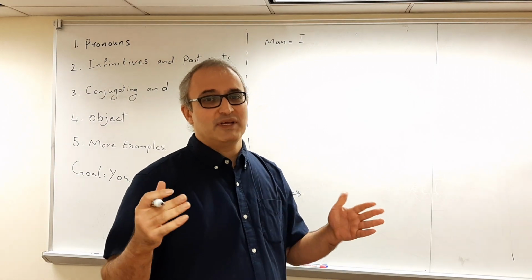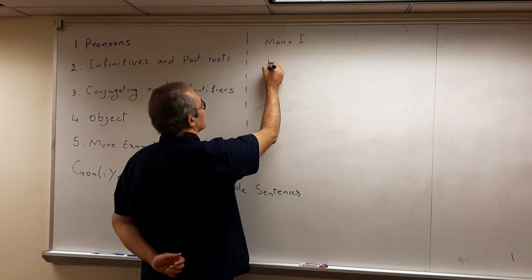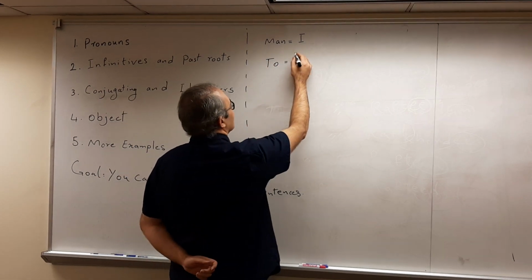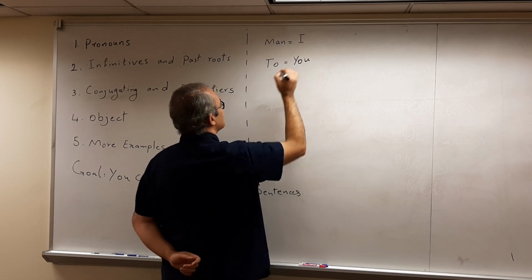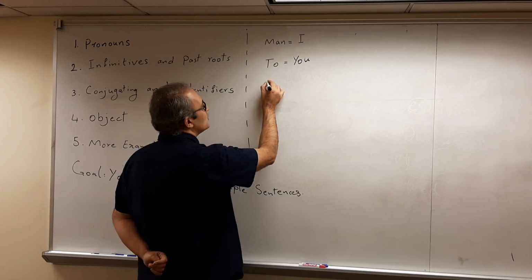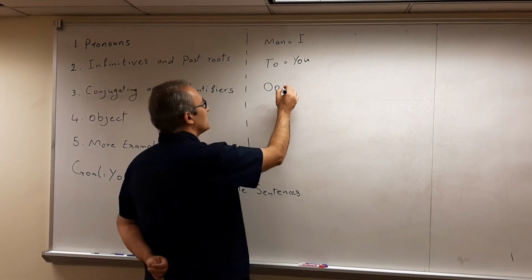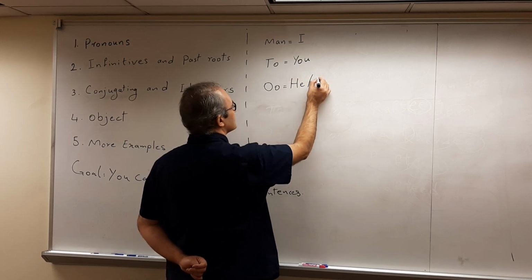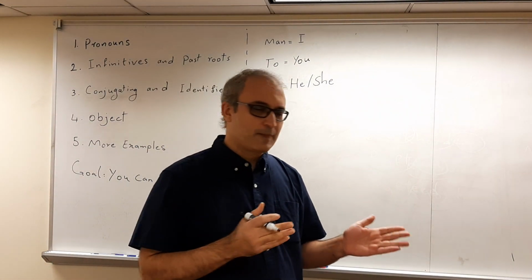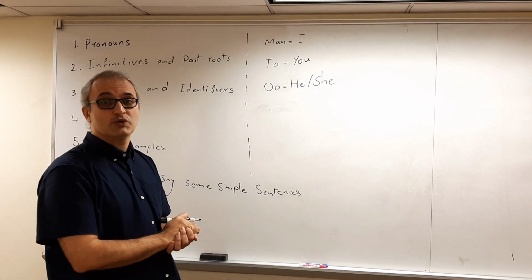No, man means I. To, not "too", to. You. Okay? U. He or she. We don't care about gender in Farsi, so for both he or she, we use u.